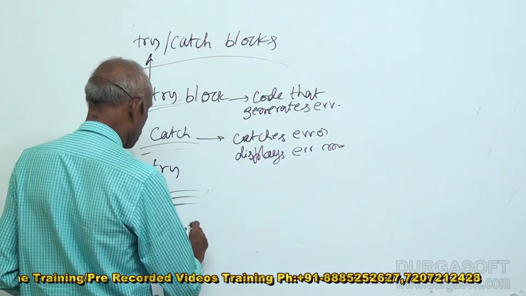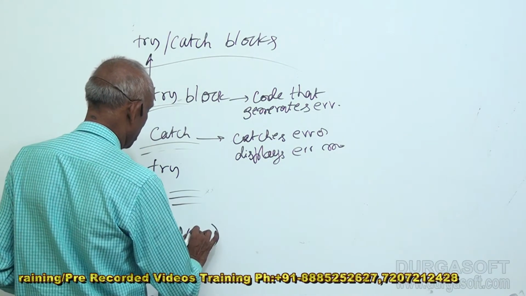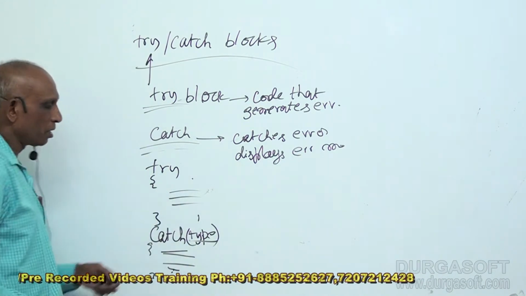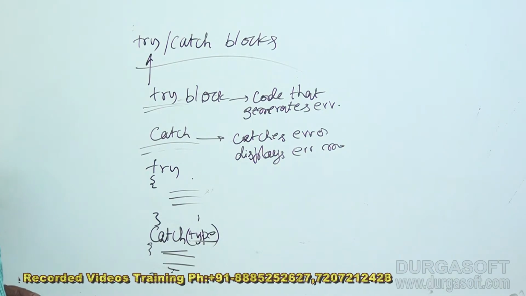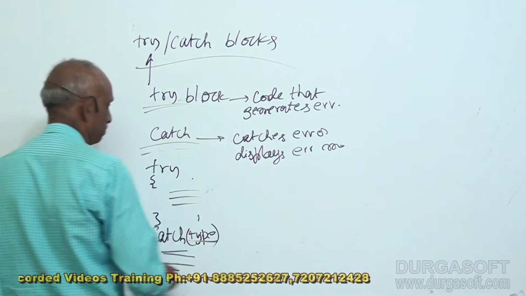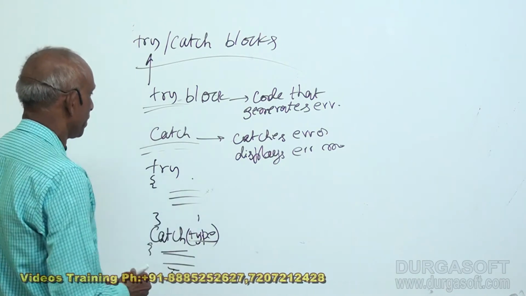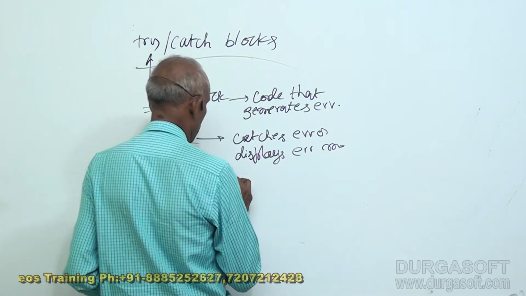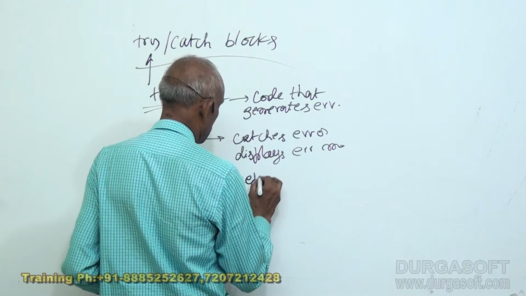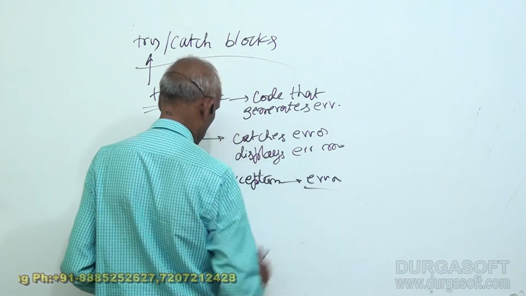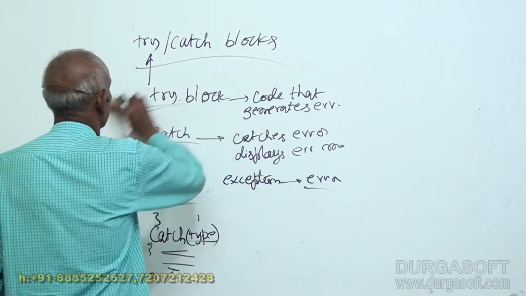In the brackets after catch, you specify the data type, that is, what type of error is coming. This is called the try catch mechanism for exception handling, and the actual error generated is called an exception. Exception means error. Let us see one example.